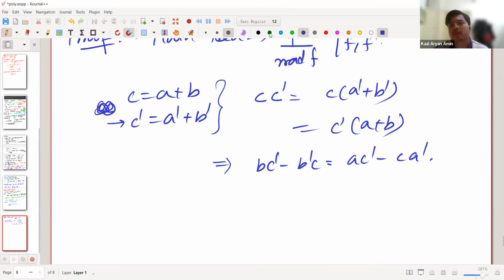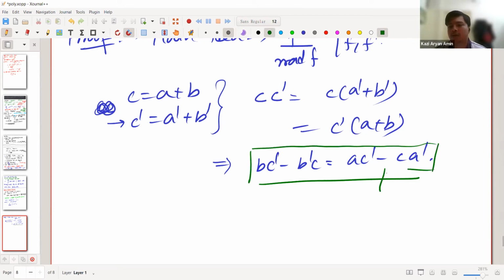The main idea of the proof is that we'll proceed by contradiction, assuming the condition is false. Note that these values are non-zero.